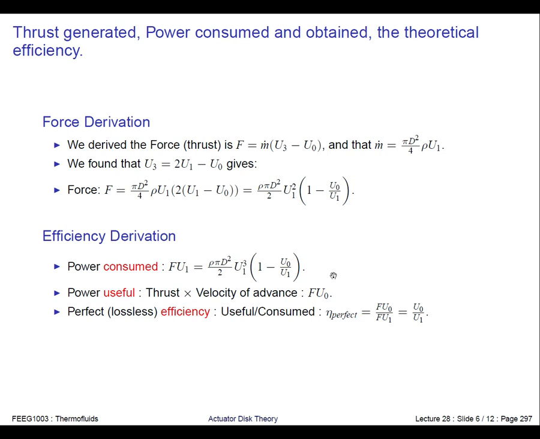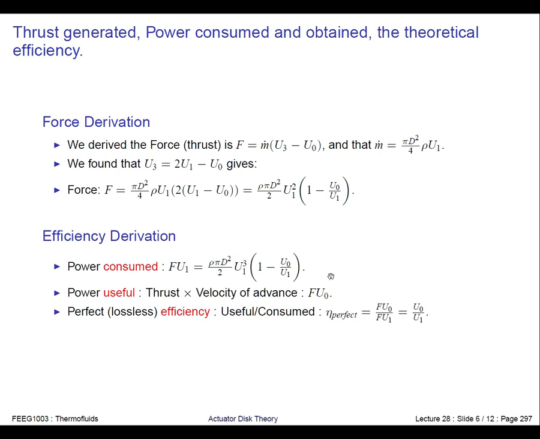Then if we want to start working out the efficiency of a propeller, we need to think about what we want, so what's useful. What's useful is the thrust that we generate, so that's F, and the speed that the aircraft is going. Remember that we did our frame of reference change, and the propeller speed was transformed into the speed of the air hitting the stationary propeller.